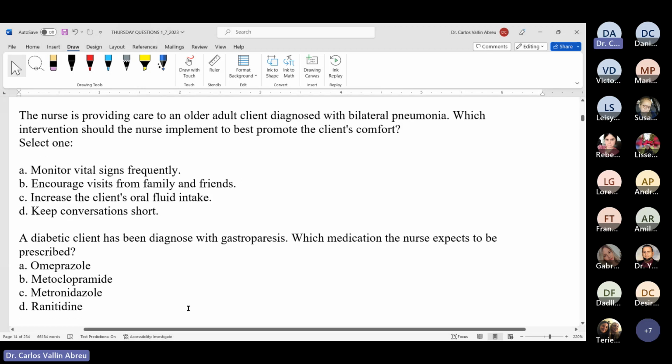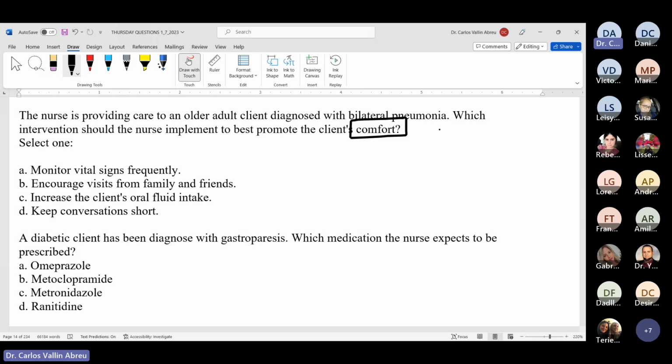The nurse is providing care to an older adult client diagnosed with bilateral pneumonia. Which intervention should the nurse implement to best promote the client's comfort? You need to be very careful in English with this word. Now it's not about a life or death situation.